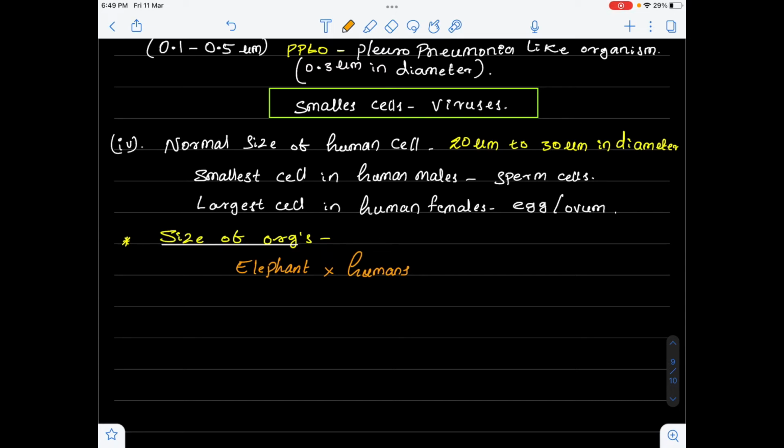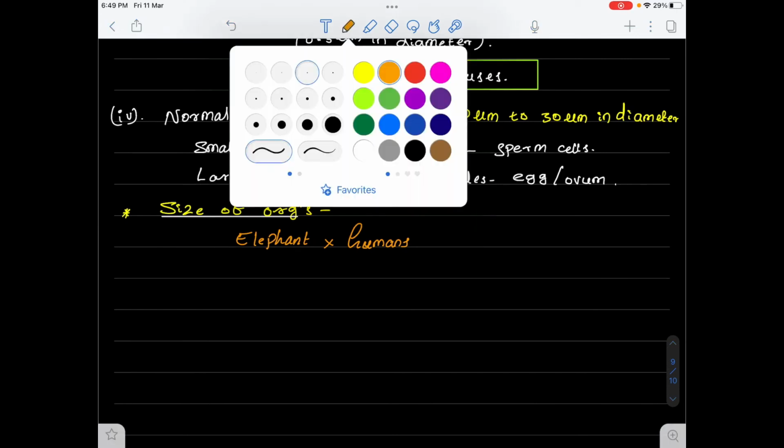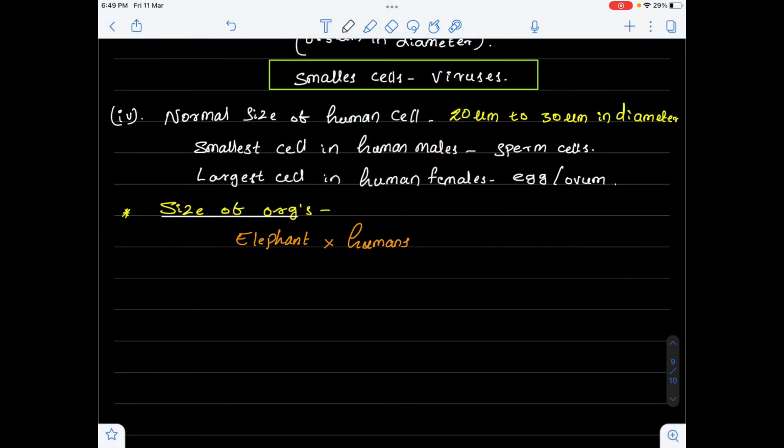Elephant is bigger than the humans, which means is elephant possess large sized cells? No, because it possesses more number of cells than the humans. So from this discussion we can take a statement that is size of the organisms does not depend on size of the cells. It majorly depends upon the number of cells present in it.